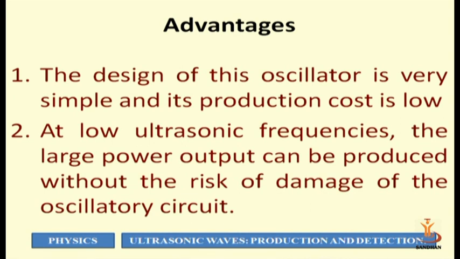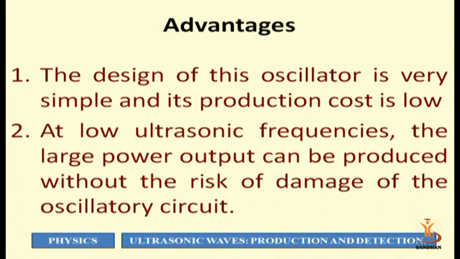In designing, we are using just a single transistor, one milliammeter, and two solenoids. These are the basic components of the magnetostriction oscillator. If we compare the price of two inductors, one transistor and one milliammeter, it is cheaper.